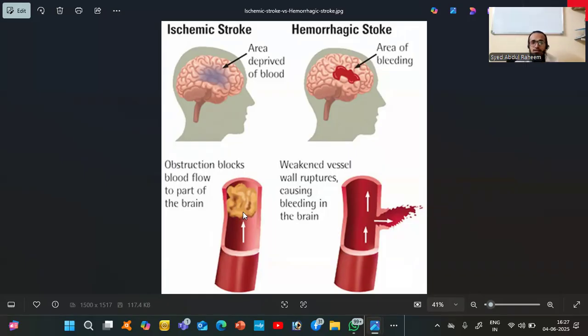Any clot occurs directly within the brain artery, or the clot develops in another place, such as the cardiac region, travels to the brain and blocks it. Blood can't flow to that area, so the area is damaged.